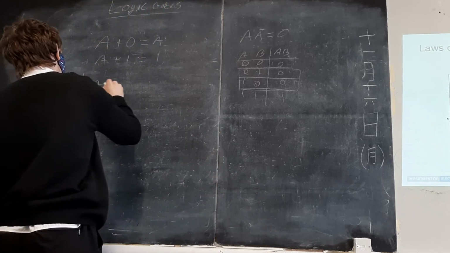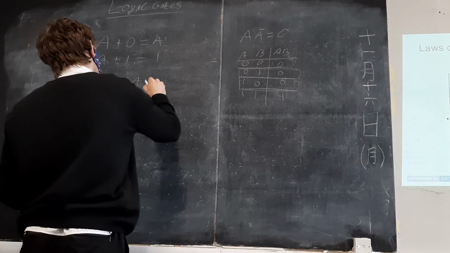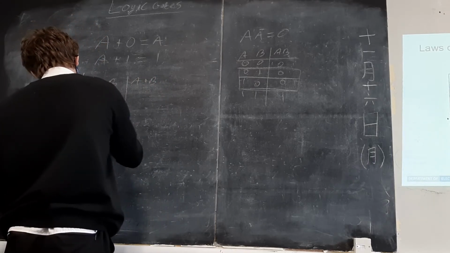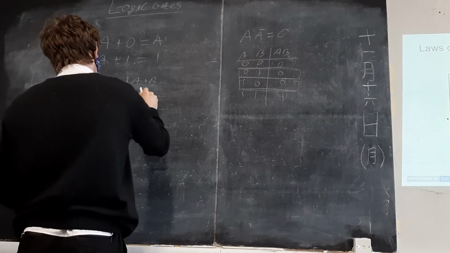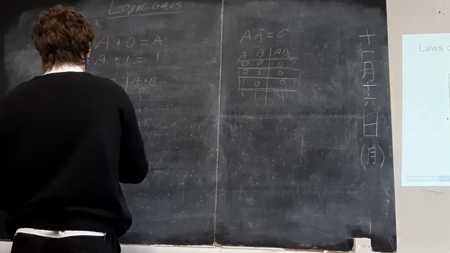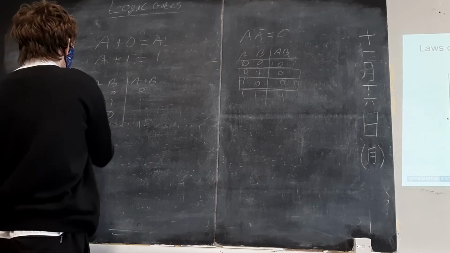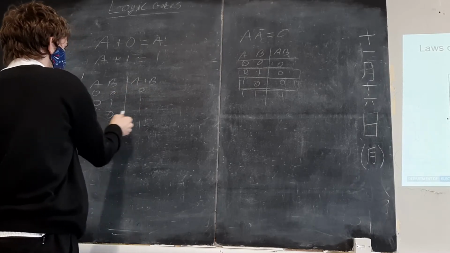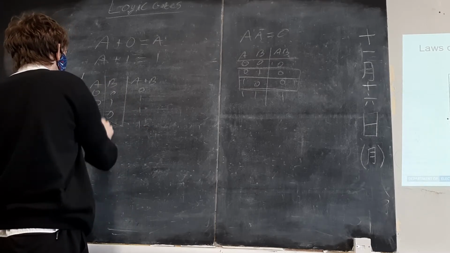So, again, you've got the gates, you have 0, 1, 1, 1. If you add 0 to A, so A plus 0 is A: 0 plus 0 is 0, and 1 plus 0 is 1.